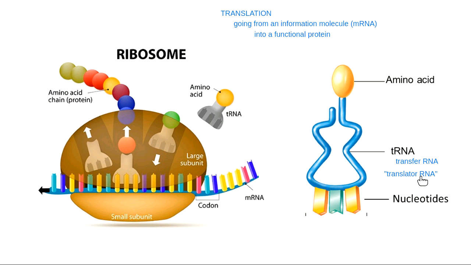It speaks the language of RNA, of nucleotides, so it can interpret what those words are. And it also speaks the language of proteins. Remember that proteins are made out of amino acids. Here's the word that we use to describe what amino acids are. Amino acids are the monomers of a protein. They're the building blocks of a protein.